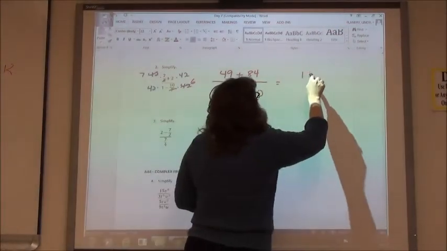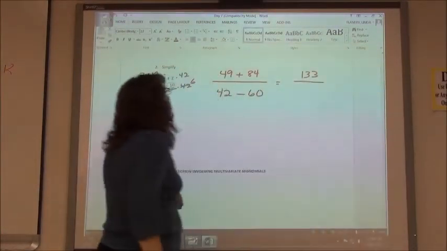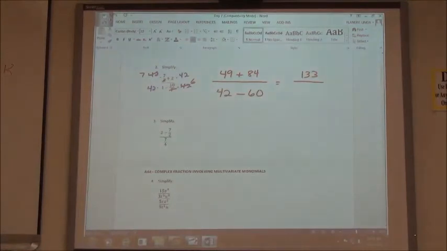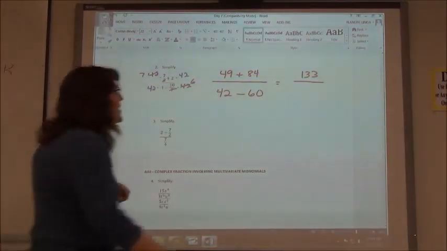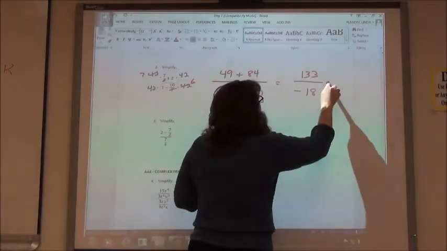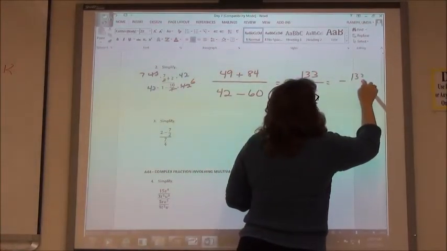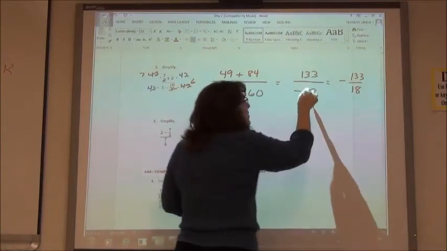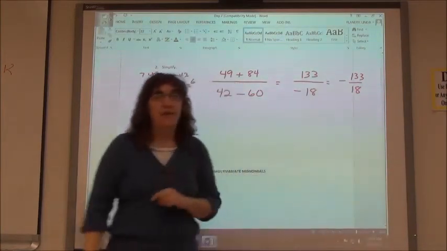That's 133. On the bottom, 42 minus 60 is minus 18. So we're going to get negative 133/18 because a positive divided by a negative makes that negative, right?